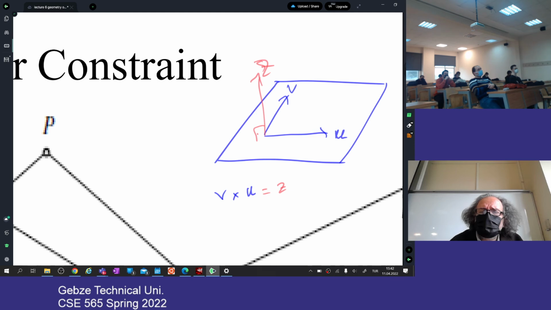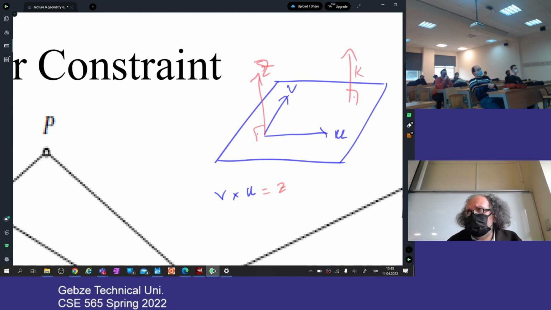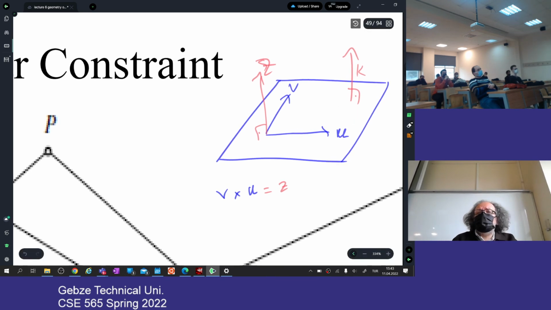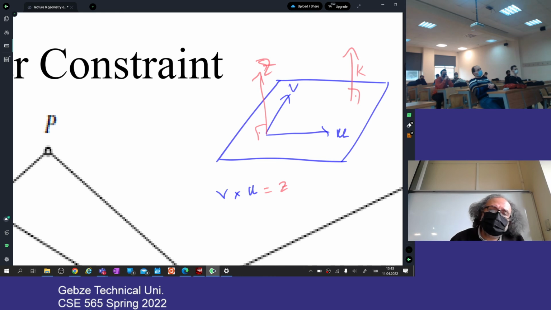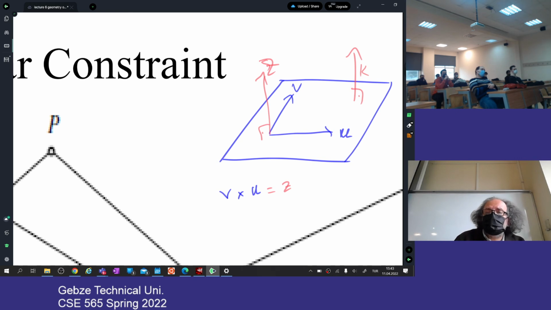So how about this then? Say there is a vector k, and I know that this vector k is perpendicular to this plane. u and v are just two vectors on this plane, and k is another vector perpendicular to this plane.